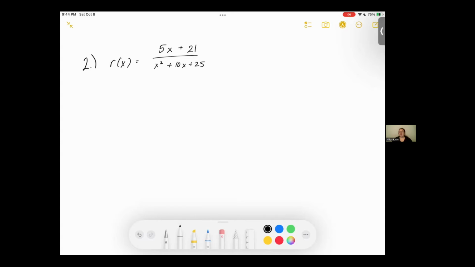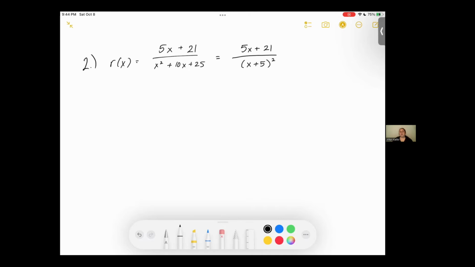So x squared plus 10x plus 25 is one of our perfect squares that we went over in one of our last sections. It's the same thing as x plus 5 squared. So we can go ahead and factor that and rewrite it in its other form. So you have 5x plus 21 divided by x plus 5 squared.